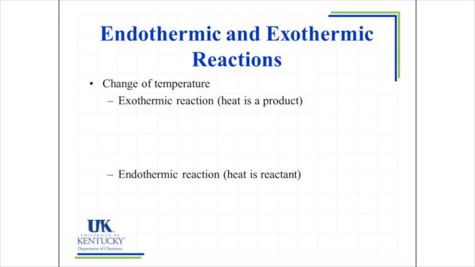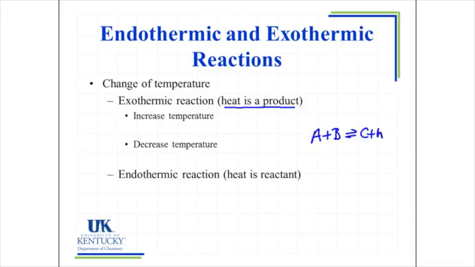So let's first look at what happens when we take an exothermic reaction. This is where we have heat as a product, so we write heat on the product side. And what happens when we increase the temperature? Well, if I have some reaction, and we'll just write a generic reaction here, A plus B going to C plus heat, because heat is a product here. If I increase the temperature, what I'm really doing is I'm adding heat.